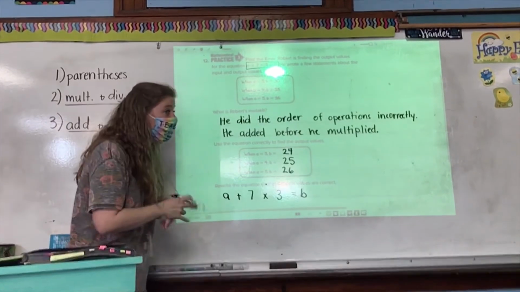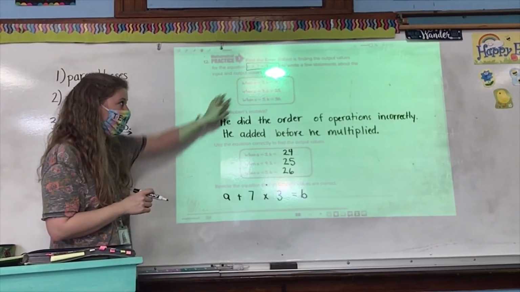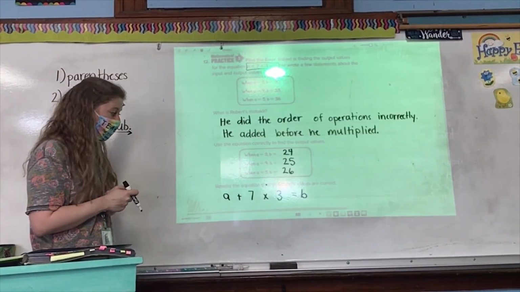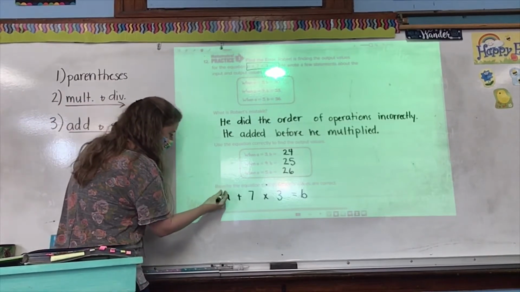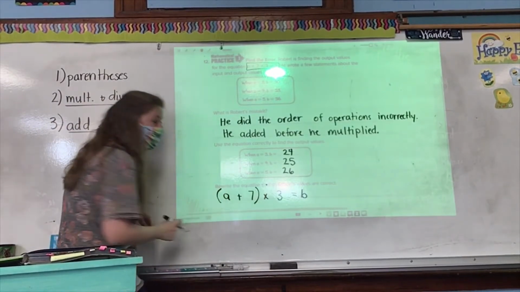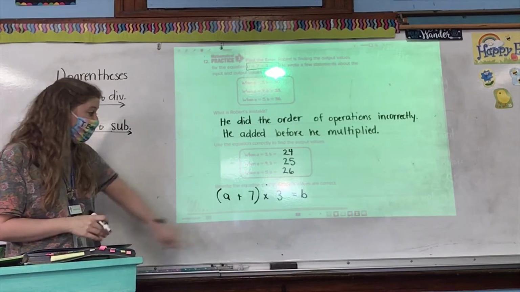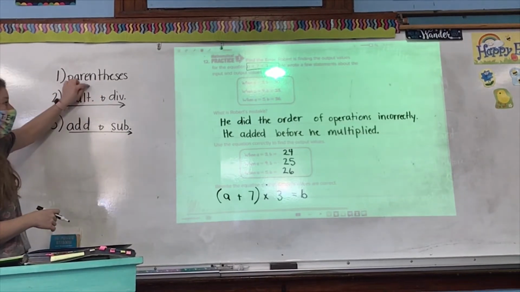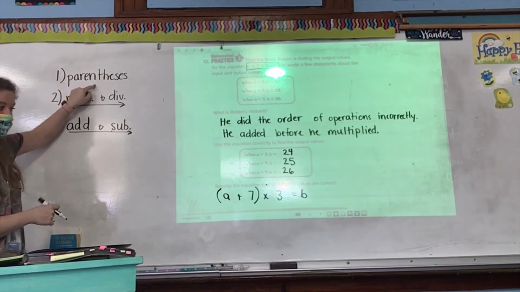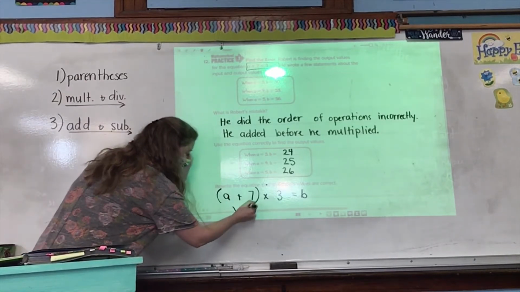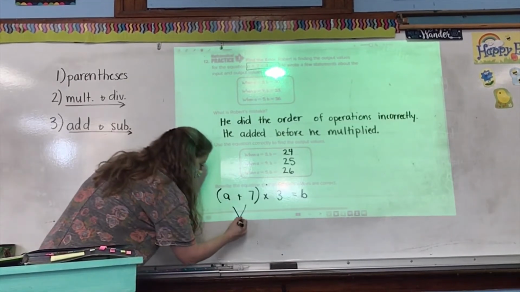So, Zadie, where do the parentheses need to go to show for his answers to be correct? Around a plus 7. Then yes, we would do the addition first because we have to do the parentheses first. So if we replaced a with 3 and added 7, we would get 10.